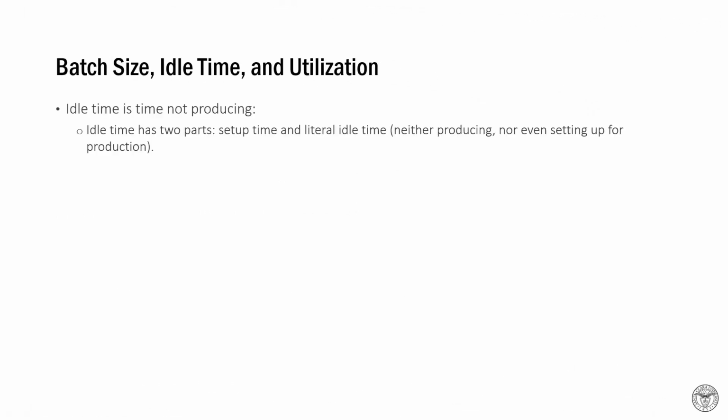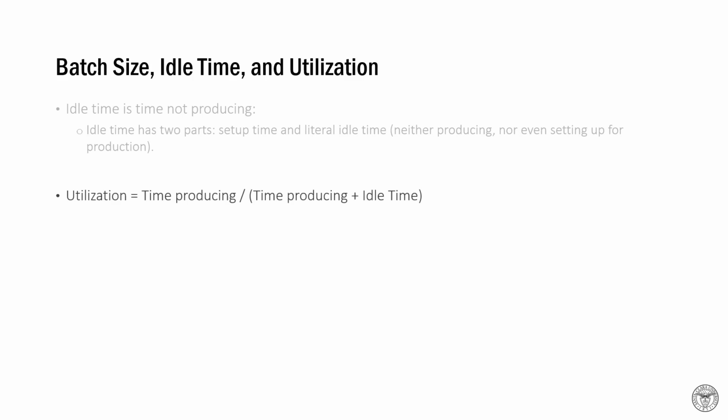In this segment of our discussion, we will delve into the relationship between batch size, idle time, and utilization. Idle time, which is the time spent not producing, consists of two parts, setup time and literal idle time, where the machine is neither producing nor setting up for production.